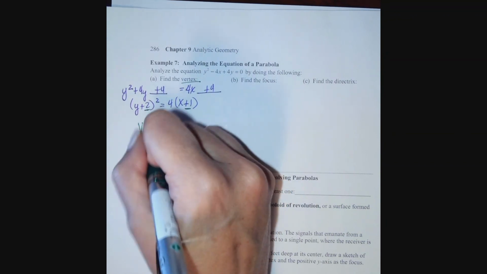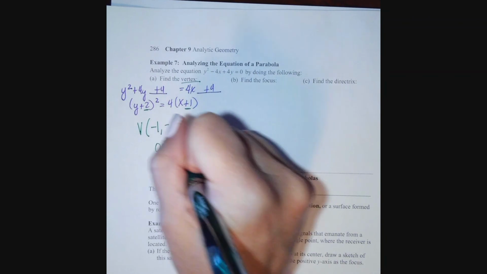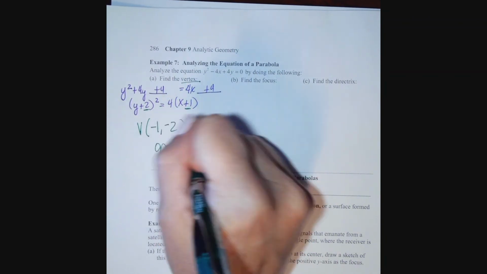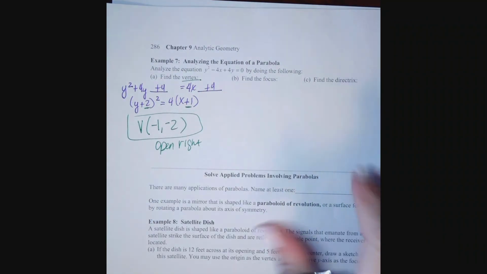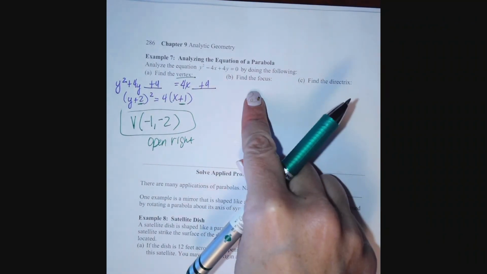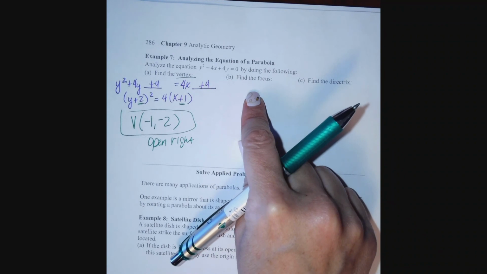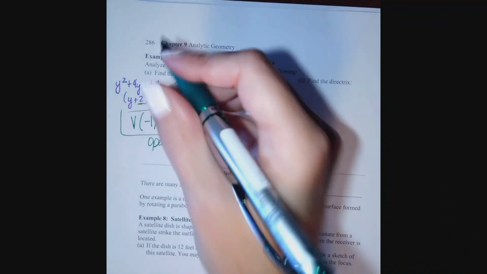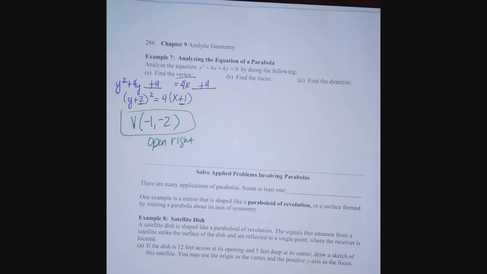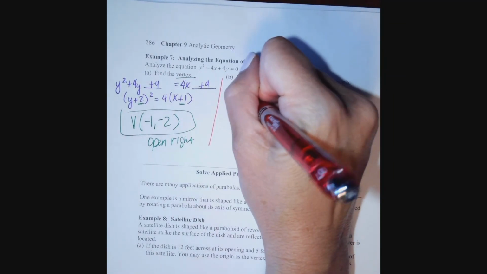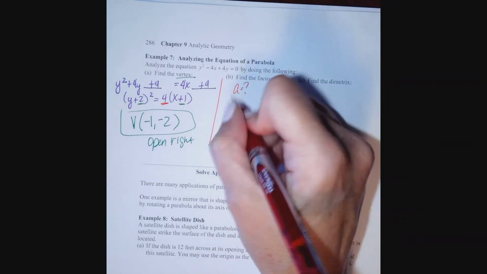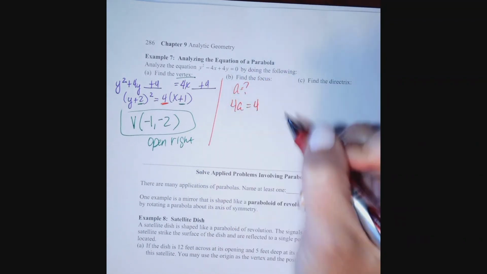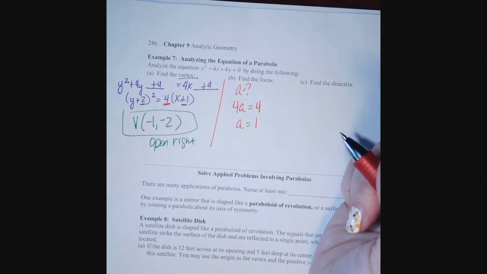The vertex is going to be at -1, -2, and we know this equation opens to the right because it is a positive coefficient here. Find the focus. Well, what is A? To find the focus we need to know A. This, in my standard form of my equation, is 4A, and 4A is equal to 4, which means A is 1.